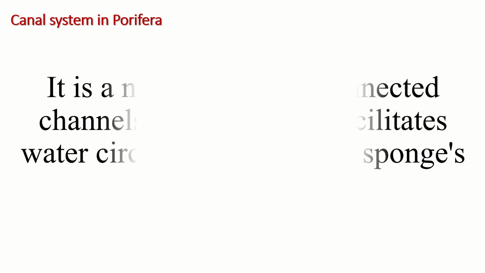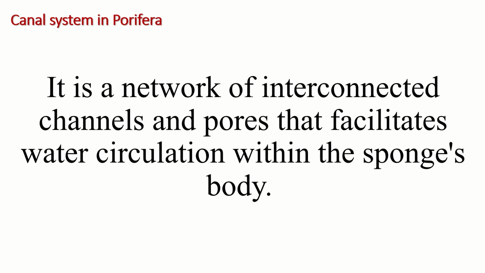A canal system is a network of interconnected channels and pores. It is an interconnected network of channels and pores that facilitates water circulation within the sponge body.